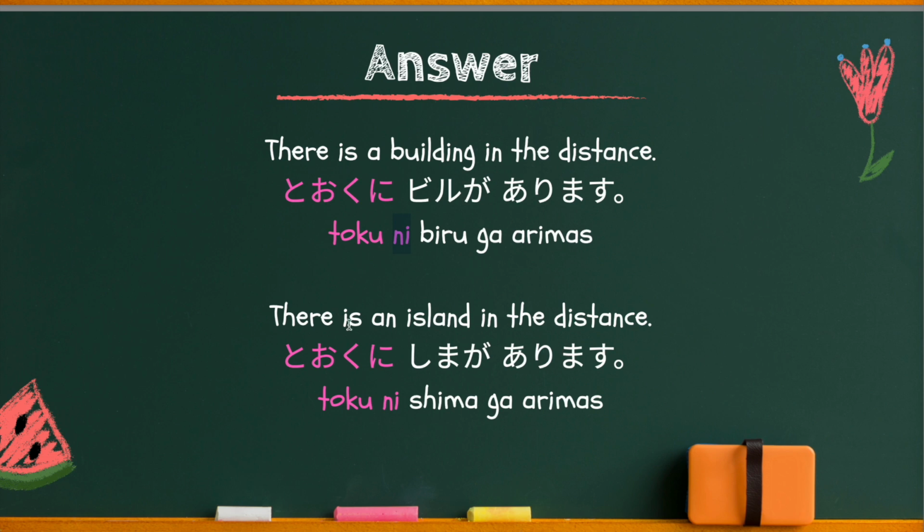Next one, there is an island in the distance. 遠くに島があります。島があります means there is an island. And in the distance, this is where the island exists, place of being. Therefore, 遠く and に particle.